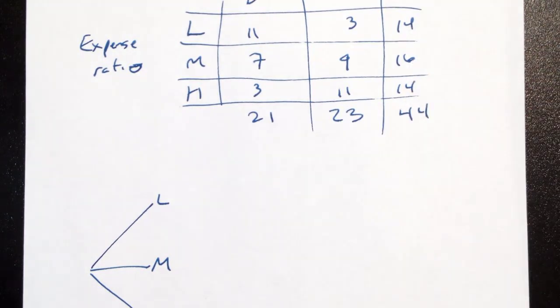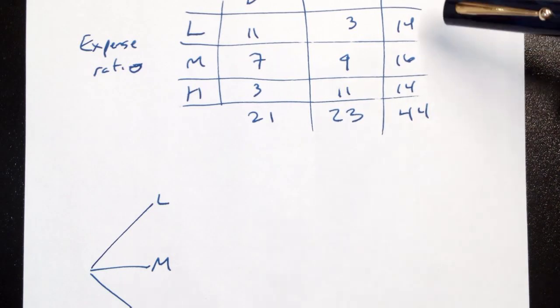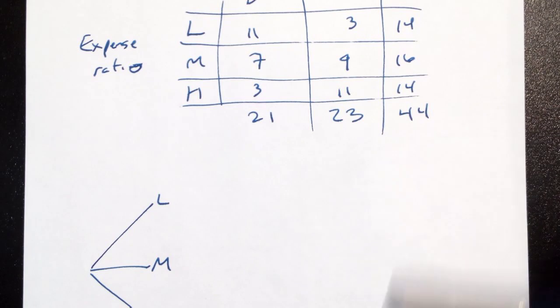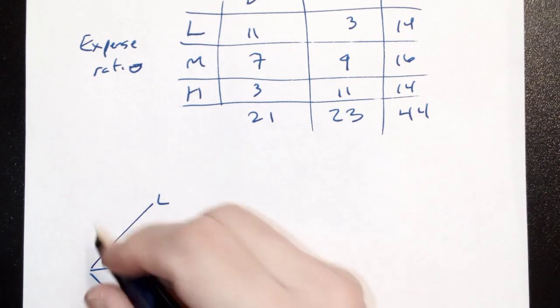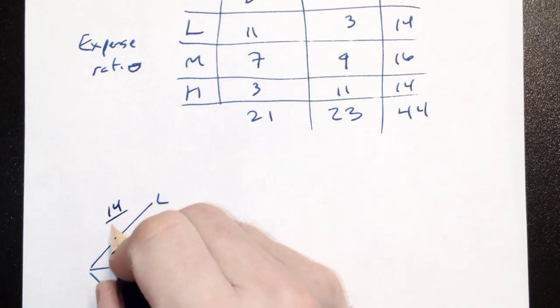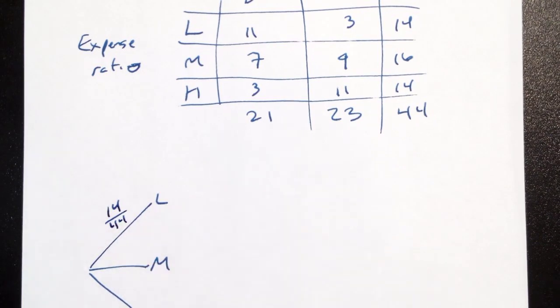So there's a chance when I make this decision that I'm on the top branch, a chance I'm in the middle, and a chance I'm on the bottom. What is the chance that I am on the top branch? That the thing I picked is a low expense item. Oh, well, there are 14 low expense items out of a total of 44. That's the chance of being on that branch.